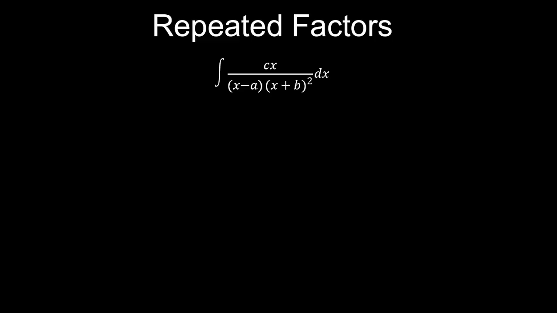In this case, we have a rational polynomial function where the degree of the polynomial in the numerator is smaller than that in the denominator, but we have a repeated linear factor in the denominator. So we can rewrite this integrand as follows.